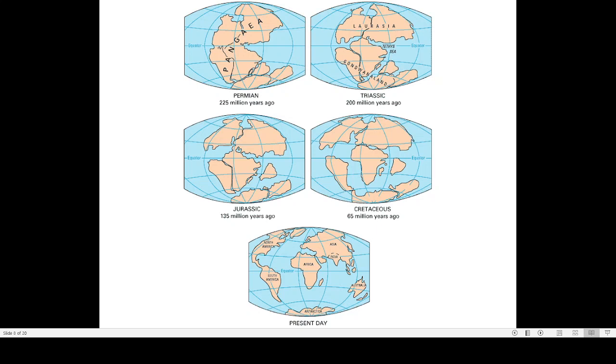Suddenly, from 65 million years ago, we cannot find any evidence of dinosaurs. There was a great death or extinction of animals at the time of the Cretaceous period. Before 65 million years ago, many of the animals living on the surface of the earth suddenly died.